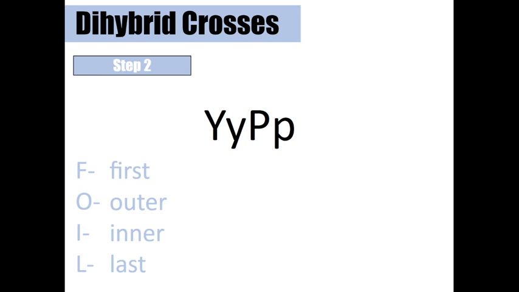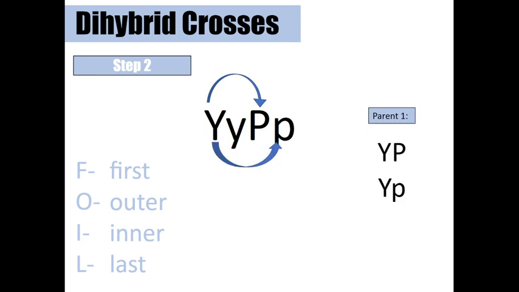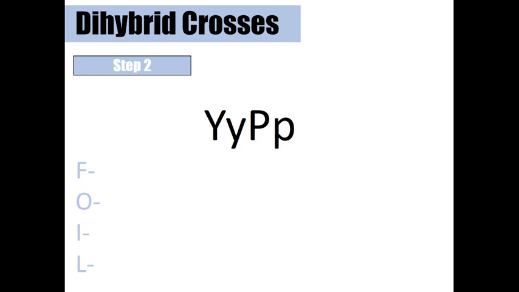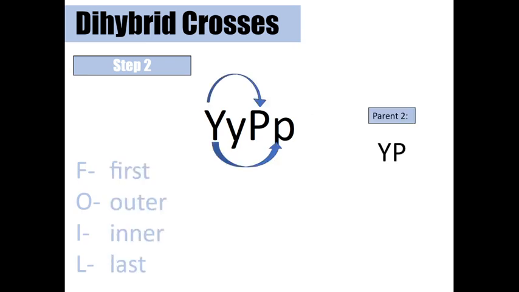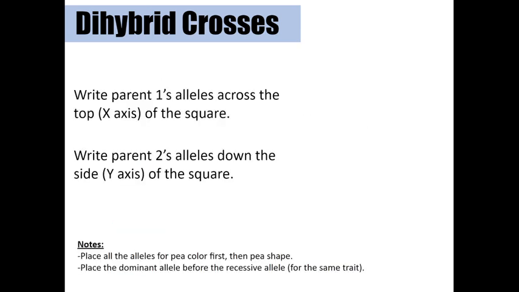We're using the FOIL method, like what you do in math class. So parent 1's combinations can be big Y, capital P, big Y, little p, little y, big P, and little y, little p. And dad's is going to be the same thing, since his genotype is exactly the same.